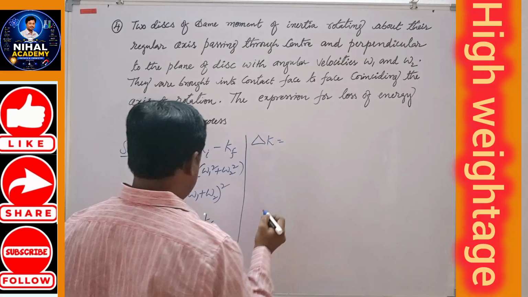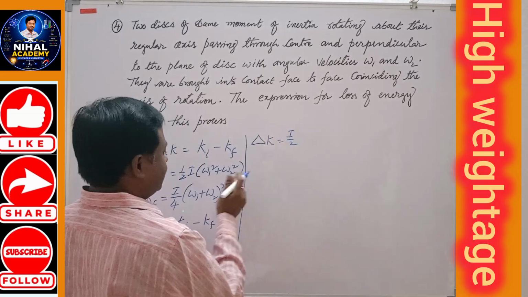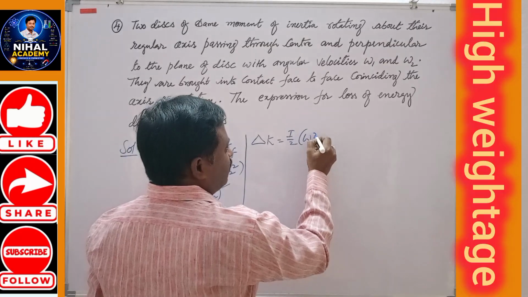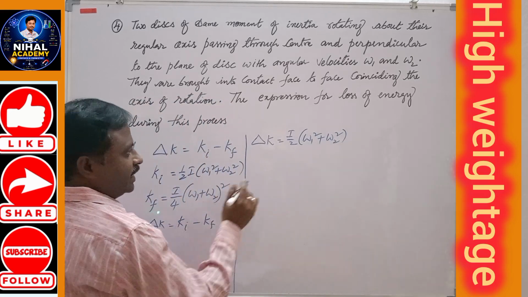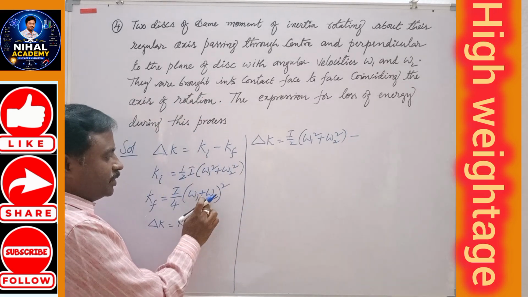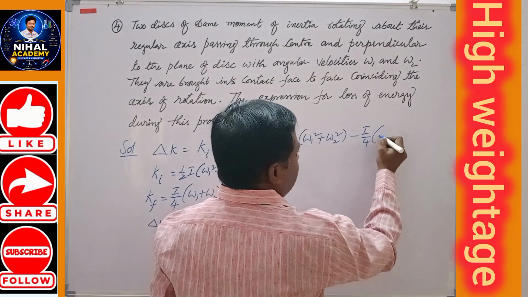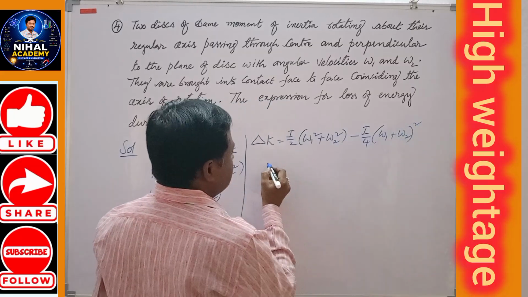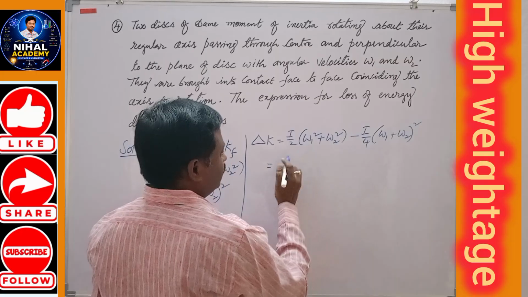Delta K is equal to Ki, which is I by 2 times (omega 1 square plus omega 2 square), minus Kf, which is I by 4 times (omega 1 plus omega 2) whole square. So this is equal to, we'll take I by 4 common.